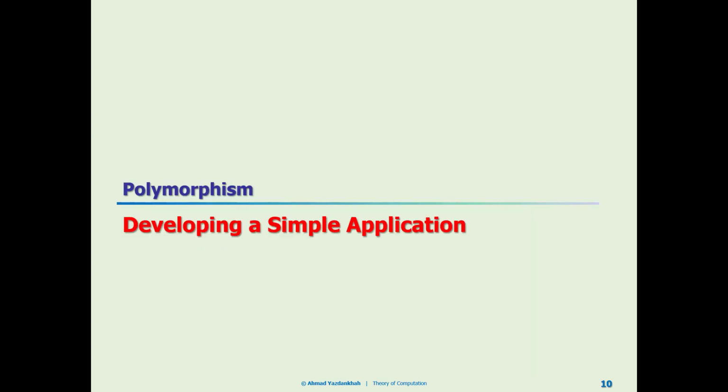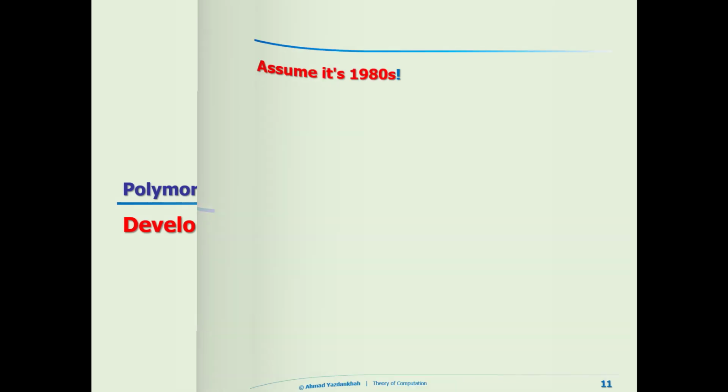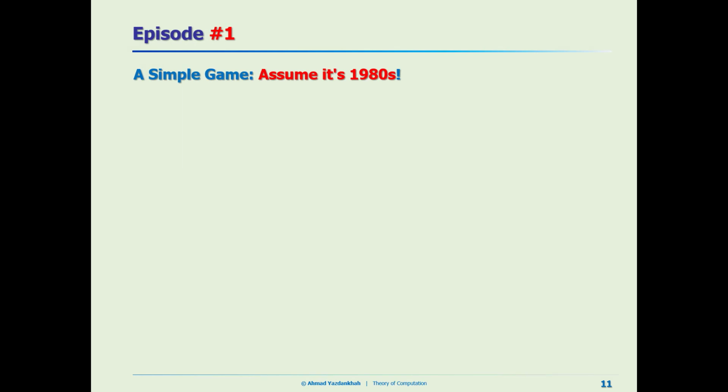I'm going to explain the polymorphism concept via a simple application. So we try to develop a simple application, and I try to explain the polymorphism and why the polymorphism is so important. All right. So we have several episodes here.